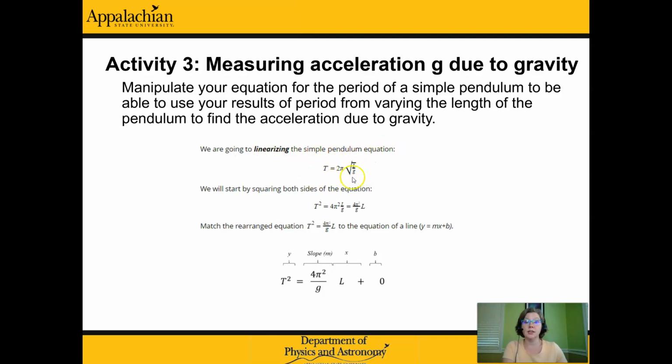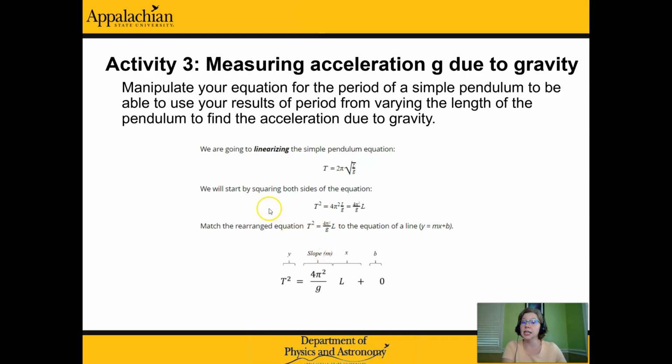The equation is given as T equals 2 pi square root of L over g. And with the square root in there, it's not a linear equation. So we're going to square both sides. And now what we have is actually T squared versus L. And the value in front of the L can be used to find g.